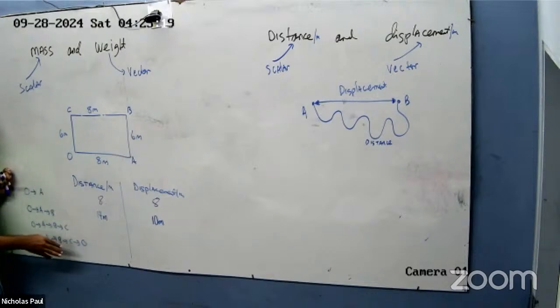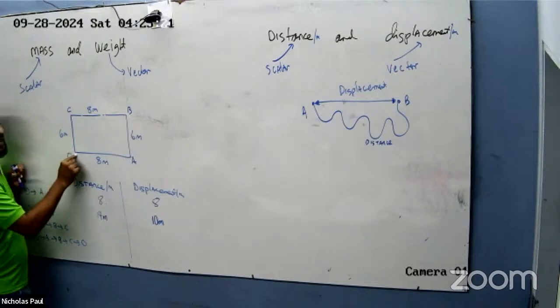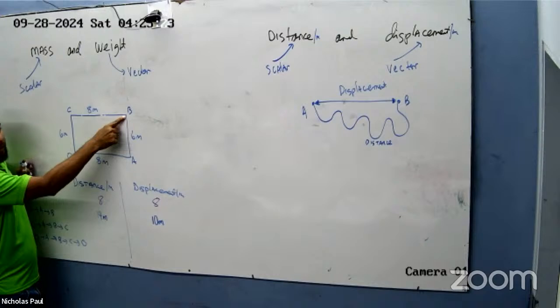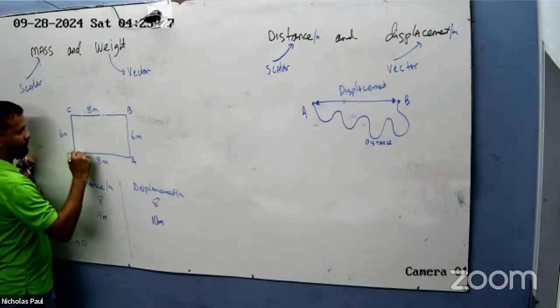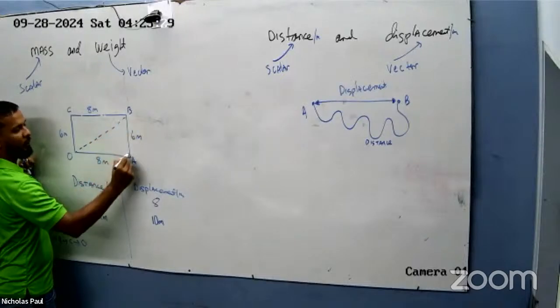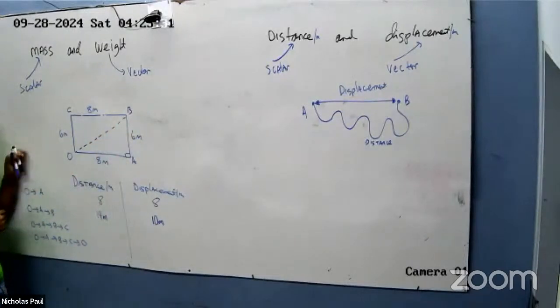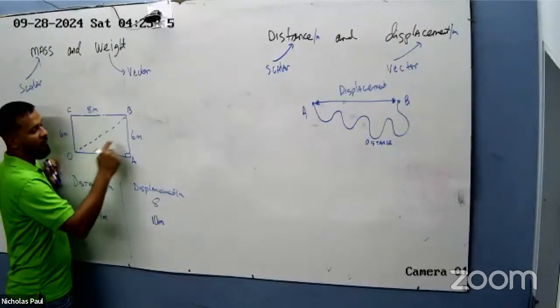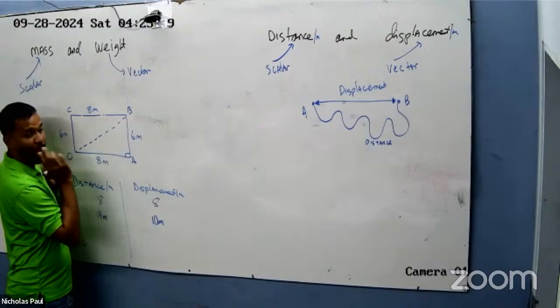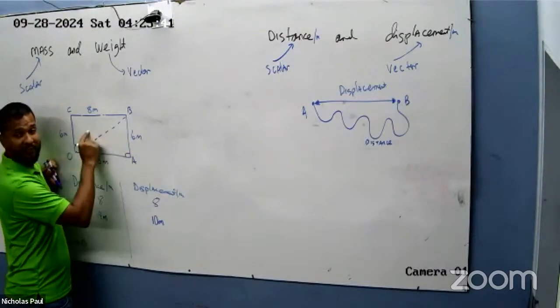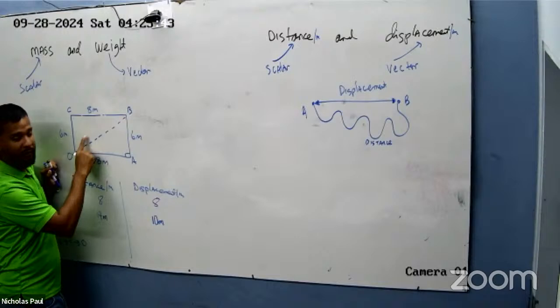So distance is easy. But you start here and you finish here, that straight line distance, we're going to have to use Pythagoras theorem here. So you need to know your maths. For those who know your Pythagoras triples, 8, 6, and 10. How do you work it out?